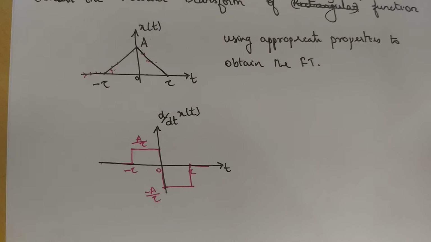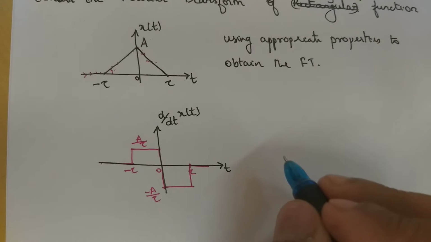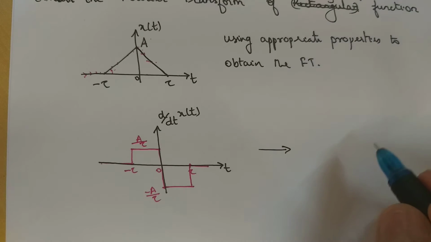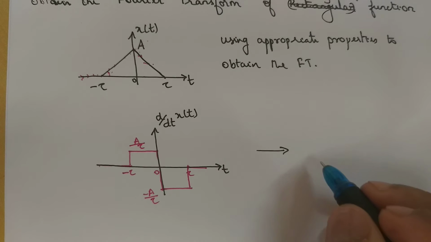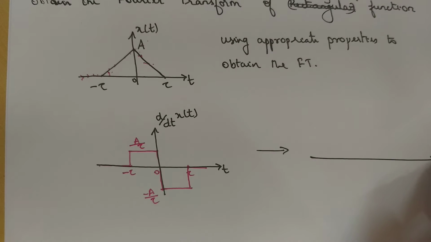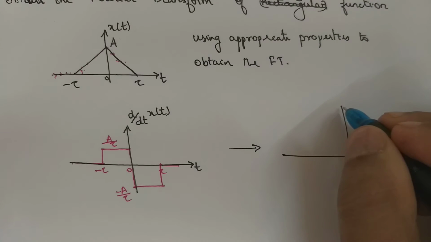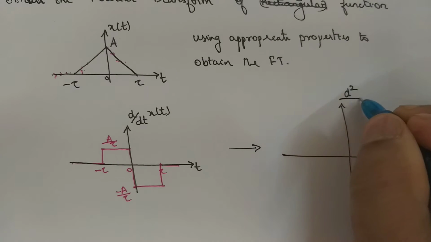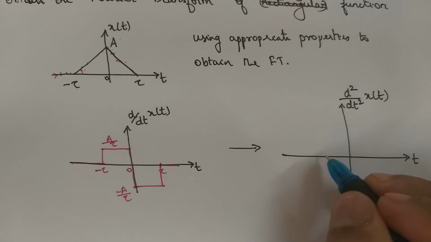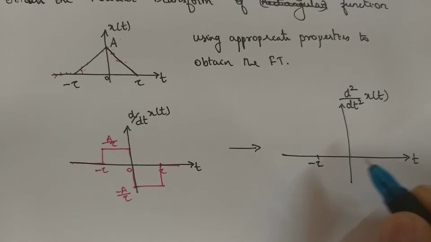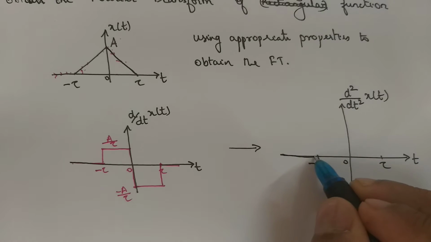From this differentiation part, we have to again differentiate it to obtain the impulse signals. So to obtain d square by dt square of x of t, at minus tau, 0 and tau, this signal is 0.